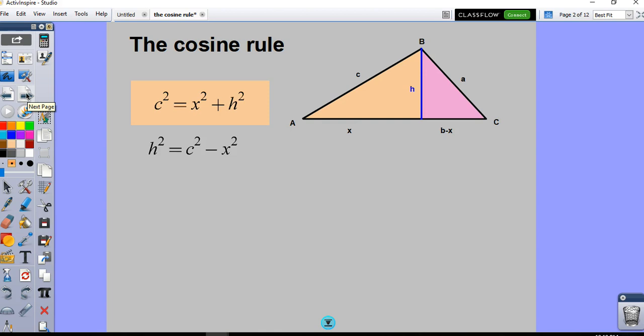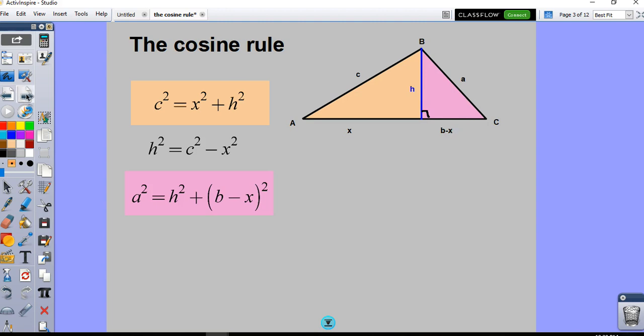If we apply Pythagoras on the left hand triangle, we have c squared, which is the hypotenuse, equal to x squared plus h squared. If we make h squared the subject, we have c squared minus x squared. If we now turn our attention to the pink triangle and apply Pythagoras again, we have a squared equals h squared plus the base, which is (b minus x) squared.